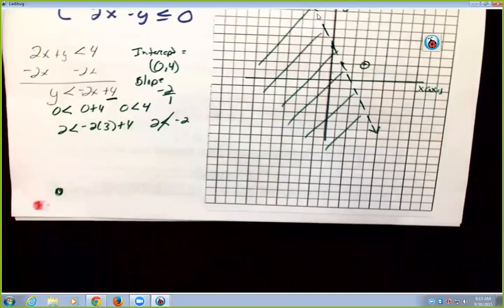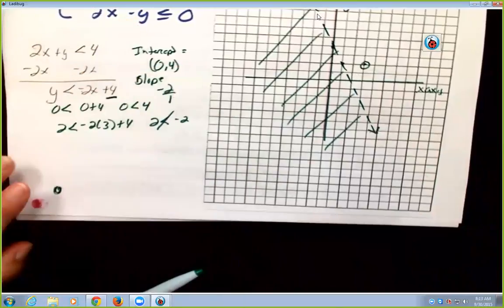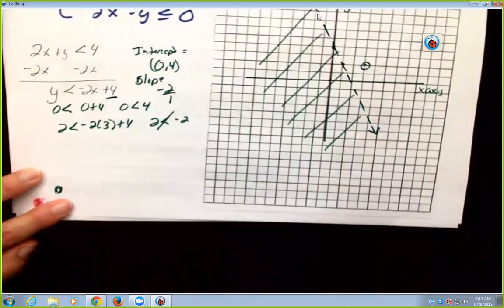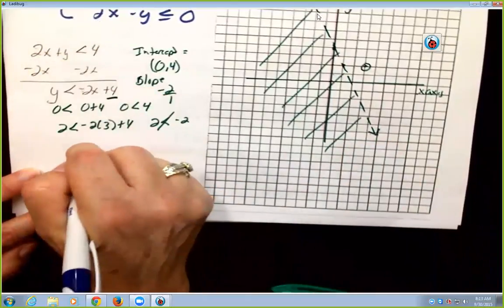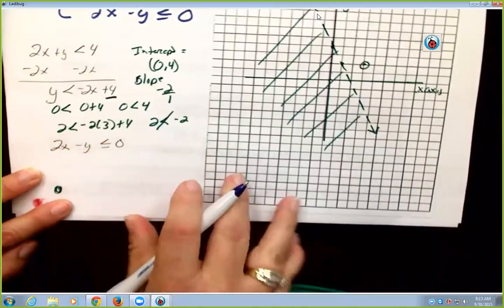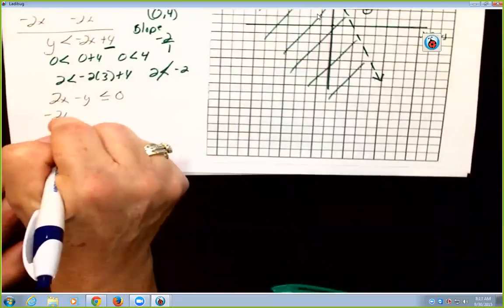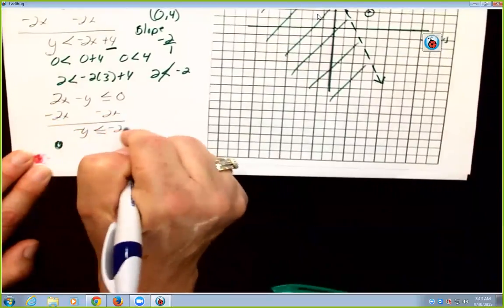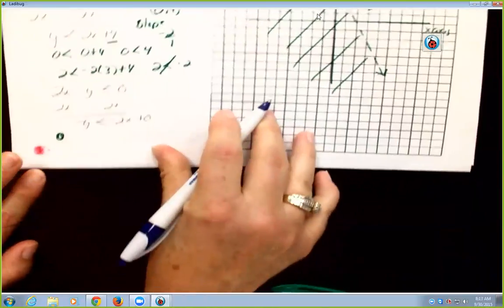So then if we look at the next equation, we've got this one all figured out, so we're going to leave it sit there. Then we're going to go to the next equation, which is 2x minus y is less than or equal to 0. If I subtract 2x from both sides, I get a negative y is less than or equal to negative 2x plus 0.